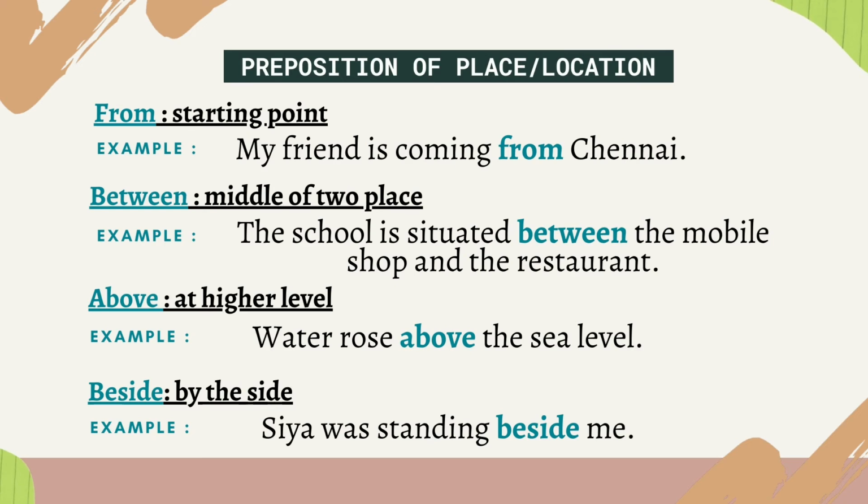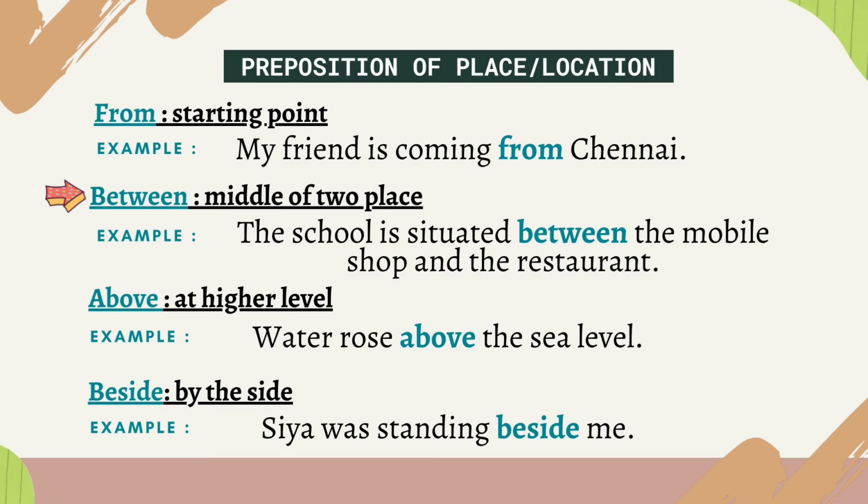The preposition from shows starting point. The example says, my friend is coming from Chennai. That means he is starting the journey from Chennai. Next comes between. Between shows middle of two places.